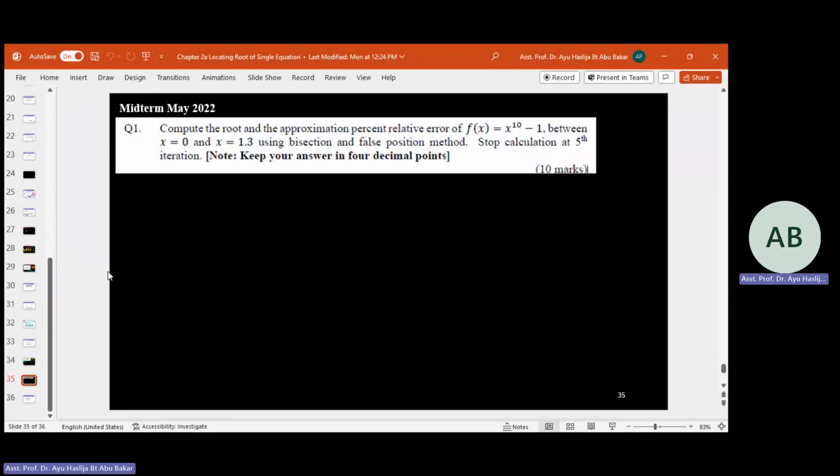Okay, before we start the new topic, I want you to try this question first. This one is from midterm May 2022.